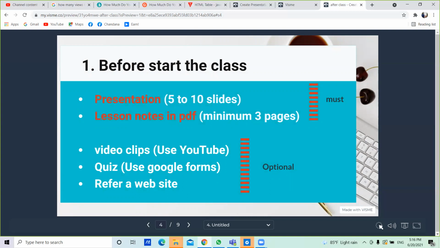Also you want to prepare lesson notes, at least 3 pages. And if you are preparing a presentation, you need at least 5 to 10 slides. That's a must. Right?